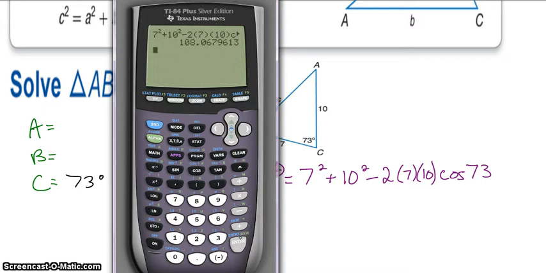That gives C squared, and I just have to make sure I take the square root. And I get a C value of about 10.4.